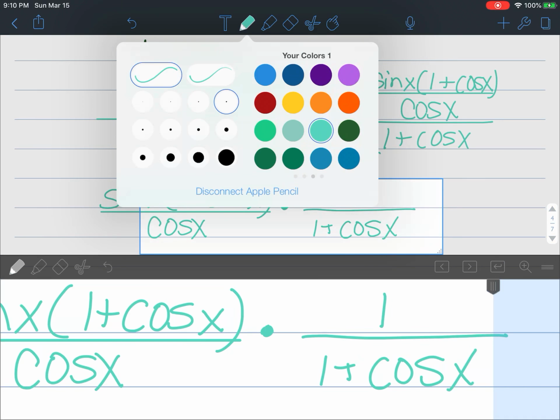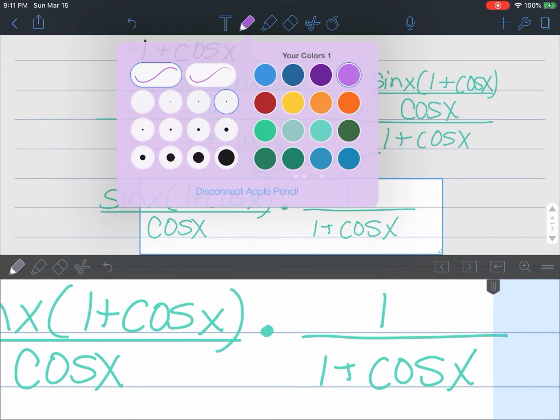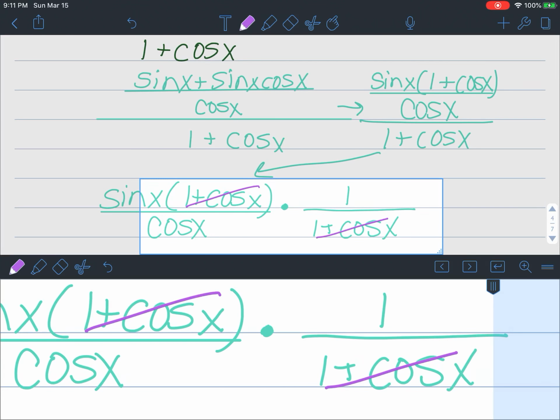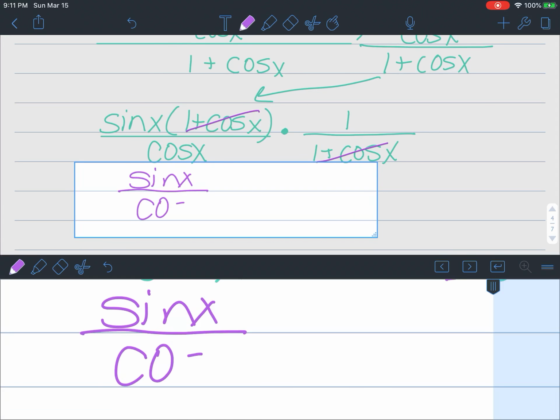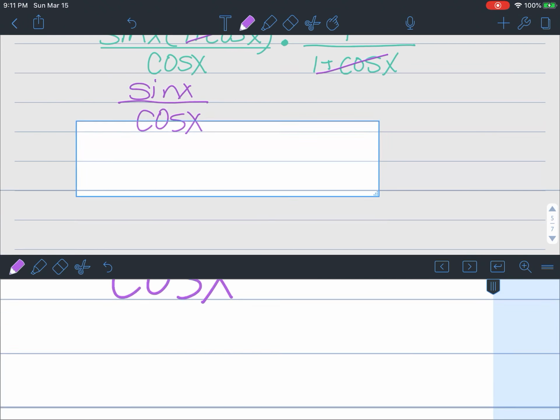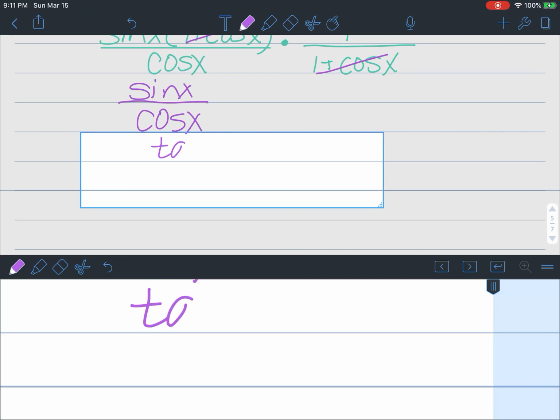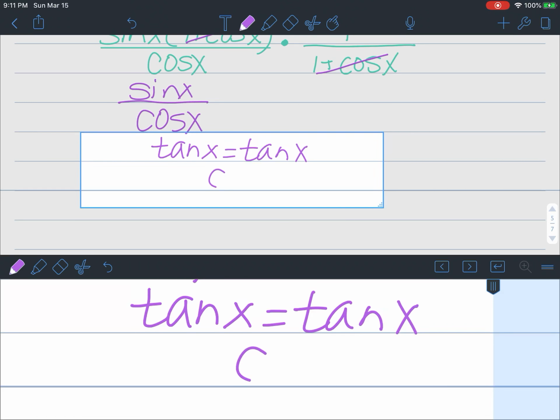I can cancel these. Oops. Just wanted a different color. I can cancel this with this. Now I have sine x over cosine x, which equals tangent. And I am done. Oh, there's a smiley face, because that was a hard one.